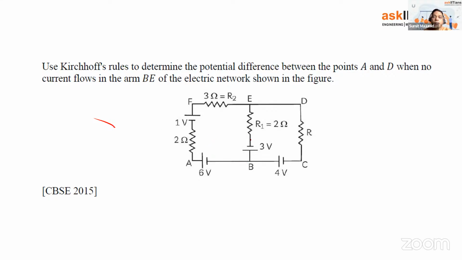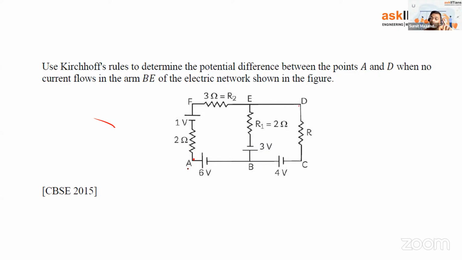Nothing else to be done here. Okay, so use Kirchhoff to determine the potential difference between the points A and D when no current flows through BE. When no current flows through BE, that means it is open circuited. This is going to be just the potential that you have to take into consideration. You have to find out between A and D.